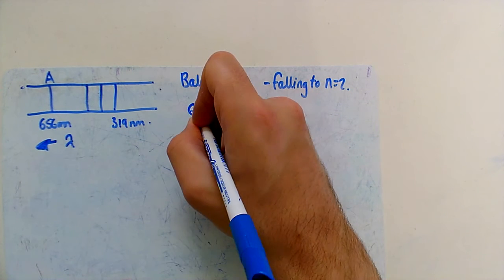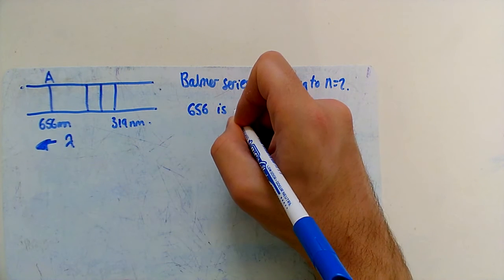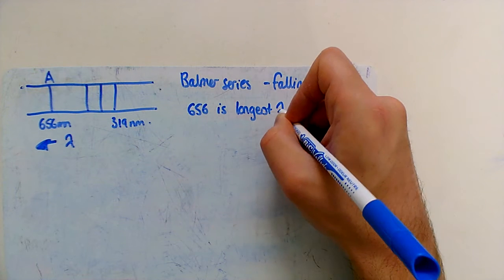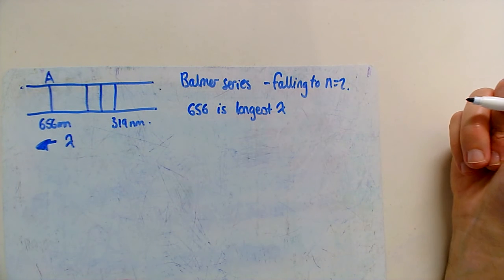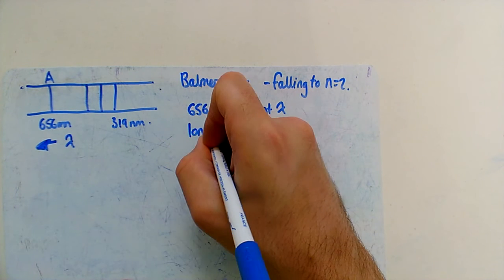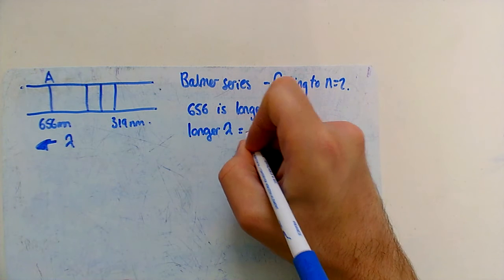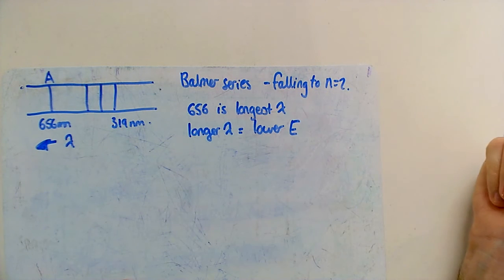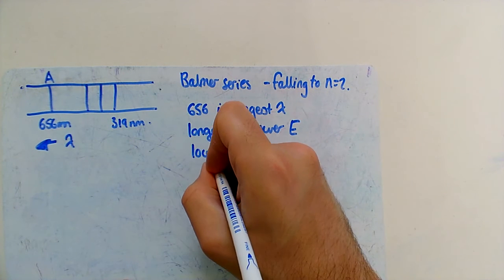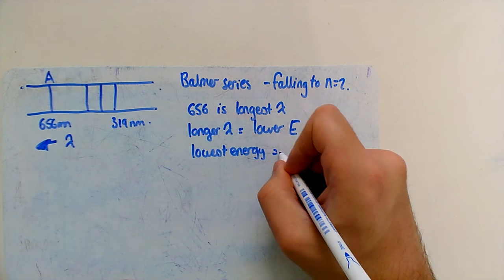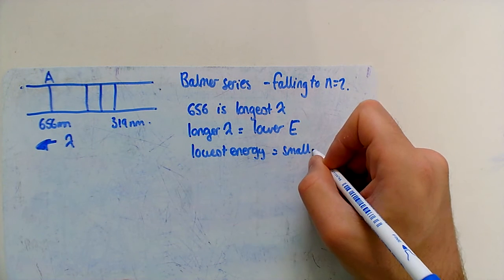Well, 656 is the longest wavelength in the series, and longer wavelength equals lower energy. And the lowest energy is the smallest transition.